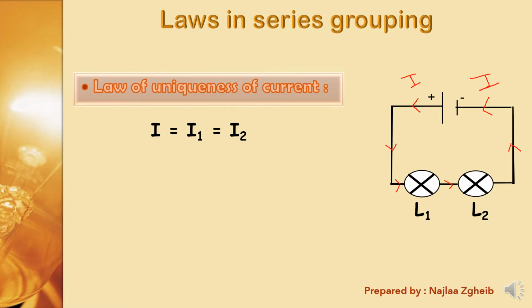I is the current sent by the dry cell, I1 is the current carried by L1, and I2 is the current carried by the lamp L2. This law is called the law of the uniqueness of current.